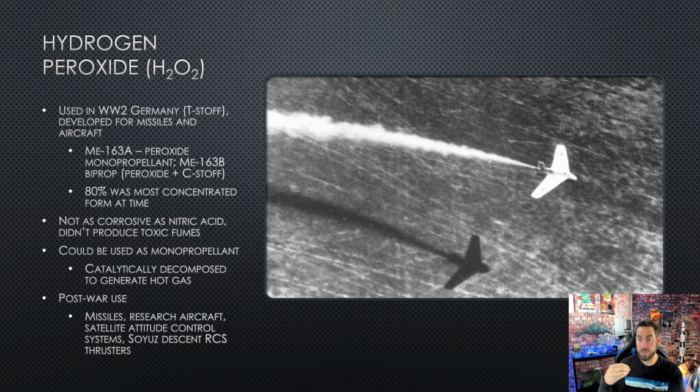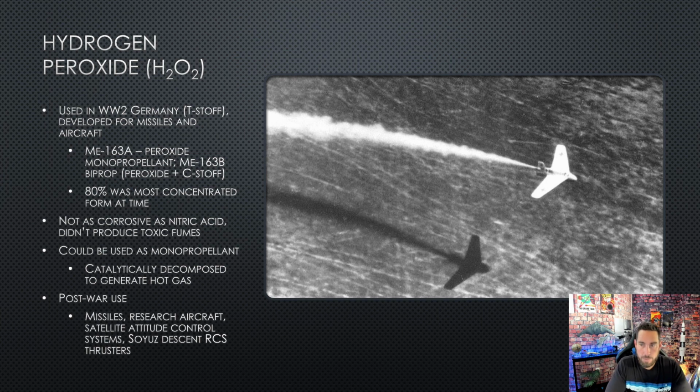That water turned into superheated steam, and so then they used that steam power to drive turbines, which then drove the pumps, which then forced that oxygen that was liberated, plus an alcohol that was coming in, into the main combustion chamber, which then created a propulsive force. So this peroxide was being used initially as a monoprop to drive the turbines, which then fed the fuel into the rocket, which then created the propulsion.